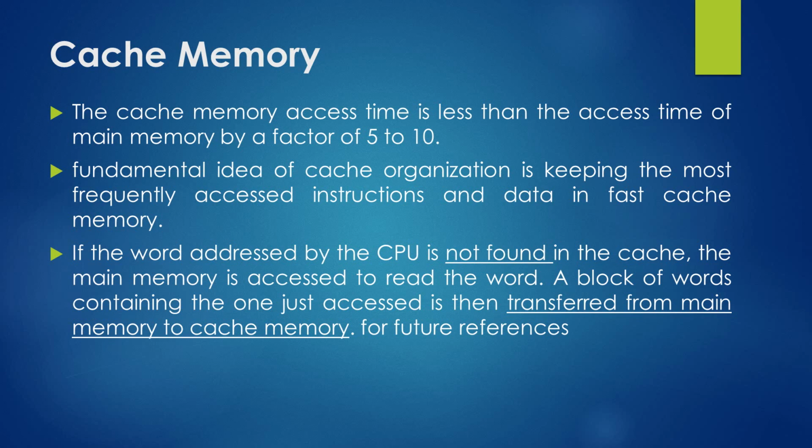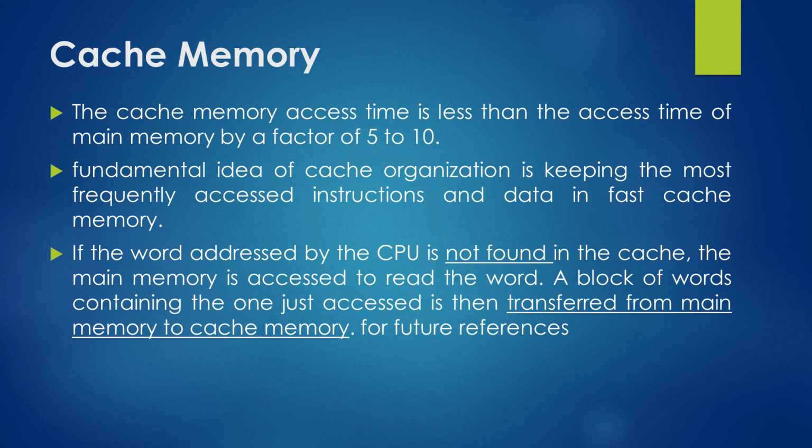Now when the CPU wants a data or a word, it is first checked in cache. That is, when the CPU requests some data, it checks for the same data in cache. If it is found, then it is accessed from the cache, and if the required data is not found in cache, then it is searched in main memory.